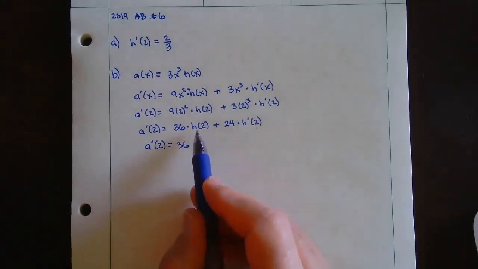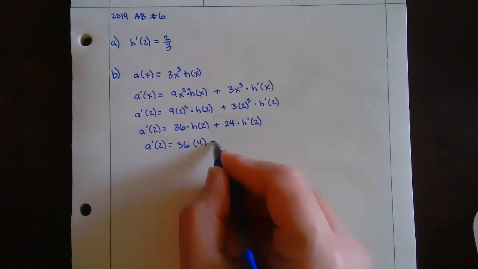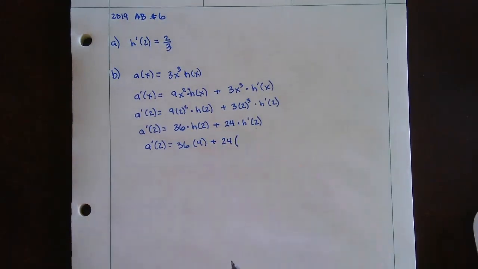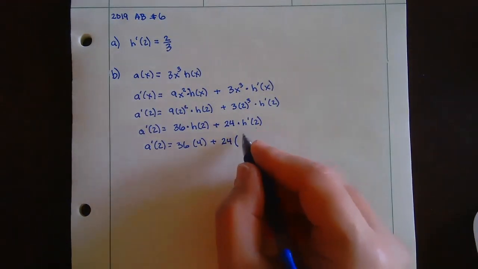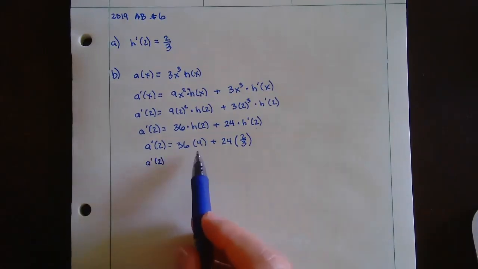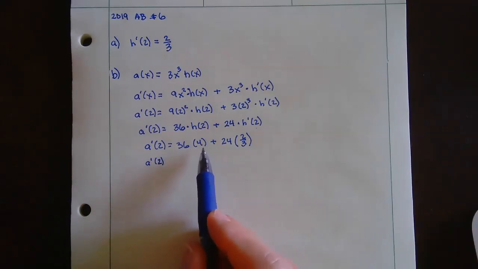They told us at the very beginning that g of 2 is equal to h of 2, which is equal to 4. So this is 4, and then plus 24 times h prime of 2, which is 2/3. So A prime of 2 is 36 times 4. 6 times 4 is 24, and 30 times 4 is 120.